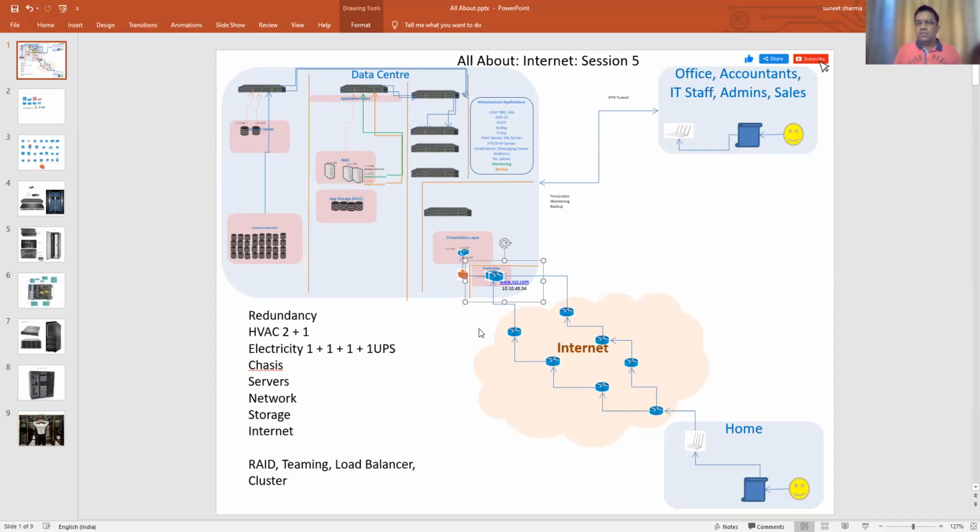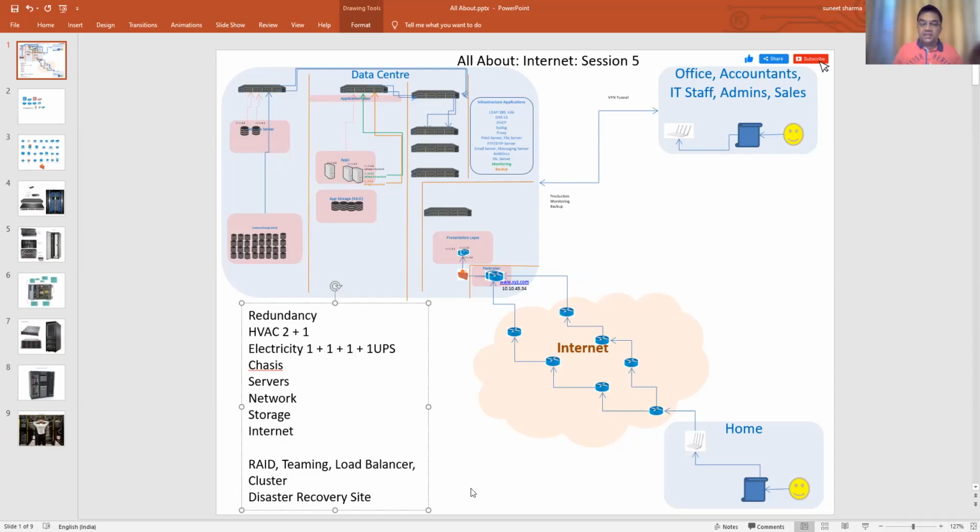We have not talked about what is going to happen if this data center is down by any chance. Then we will have to have the DR, that is called disaster recovery site.